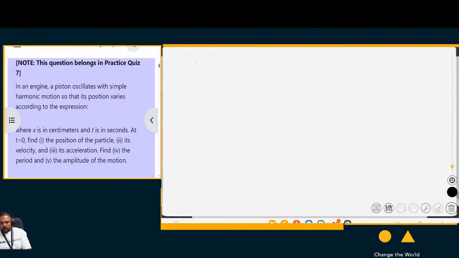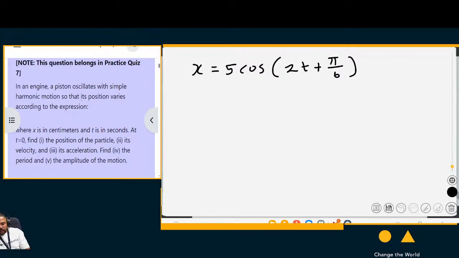Okay, the velocity. This is the formula: x is equal to 5 cosine(2t plus pi over 6). How do we find the velocity from position?